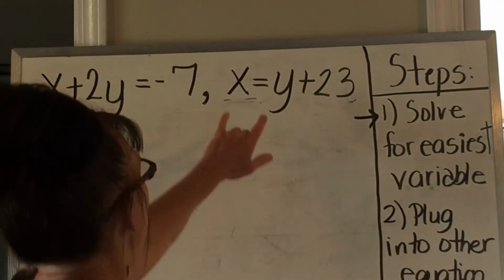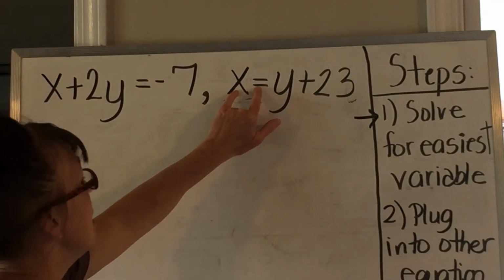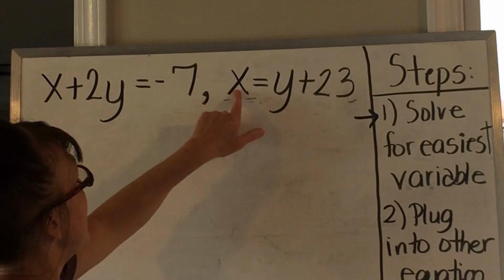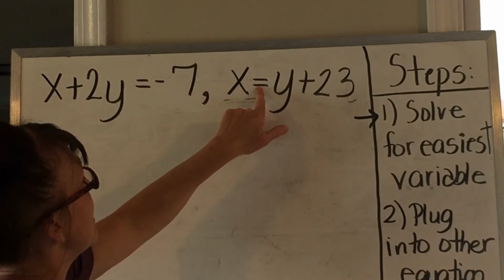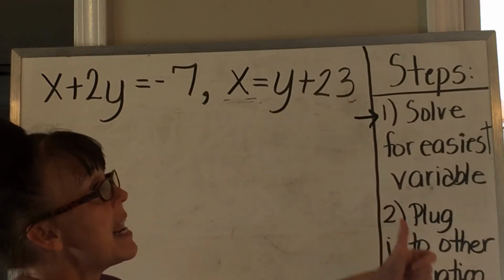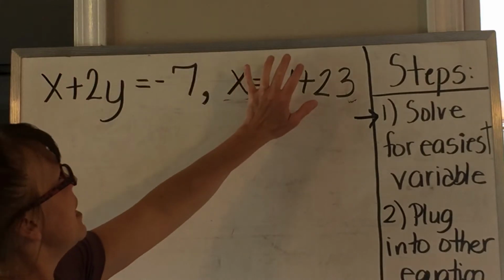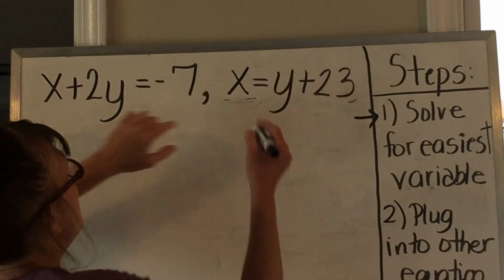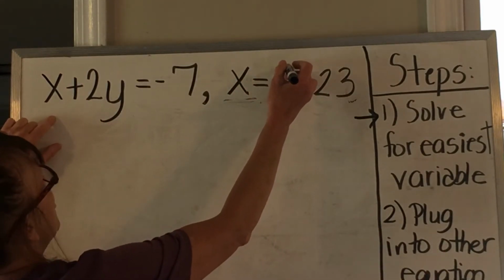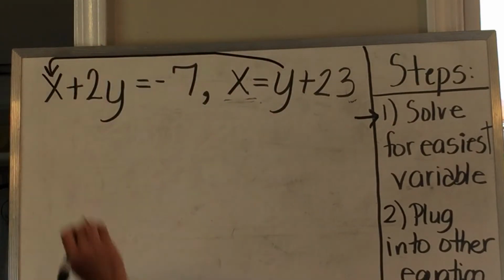And you go, oh, okay, so right here. So how do you do that? Well, every time you see X, plug in Y plus 23 in the other equation. So if you're using equation 2, then you have to plug in into equation 1.